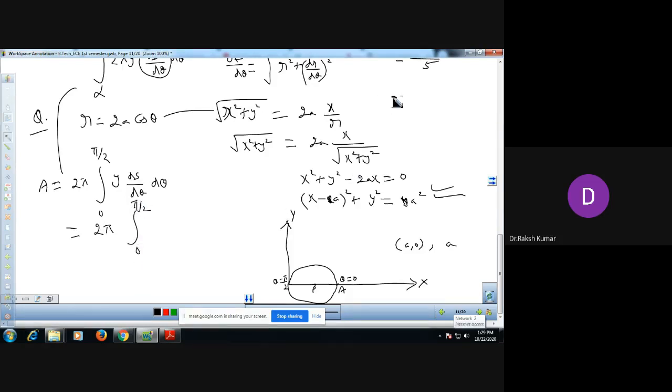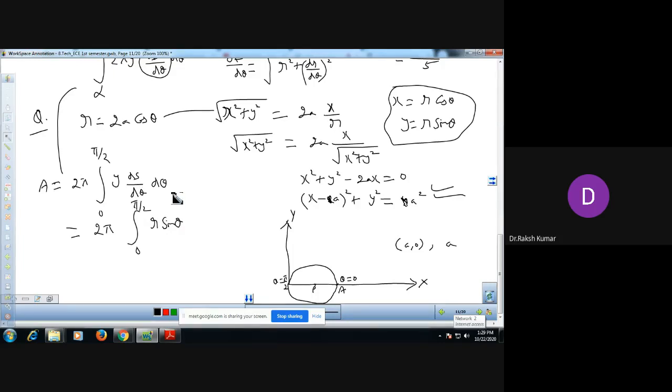And we all know the polar equations of a circle are x is equal to r cos theta and y is equal to r sin theta. These are standard. So you can put the value of y, that is r sin theta, and find out the value of ds over d theta.